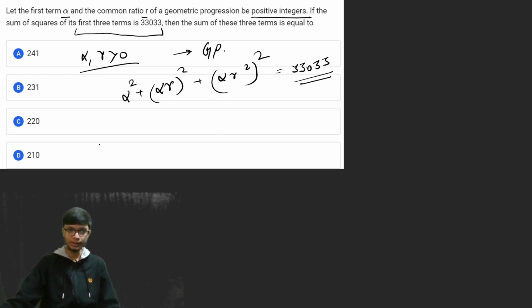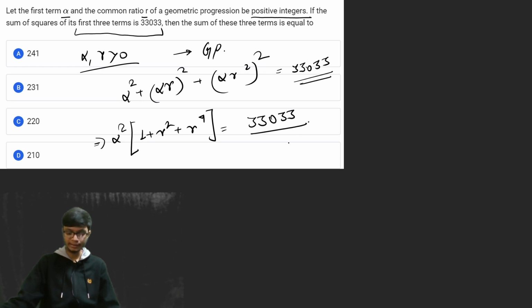Now if you calculate this, you can take alpha squared common and you will get 1 plus r squared plus r to the power 4, and that is equal to 33033. It is also said that both of them are positive integers.